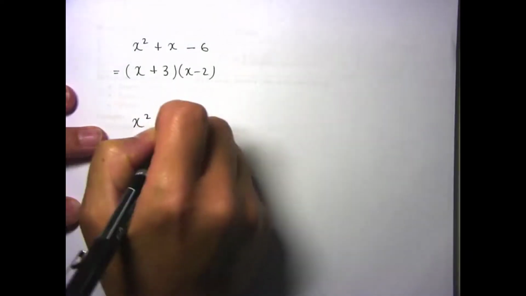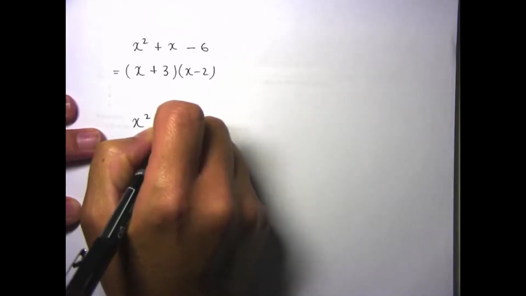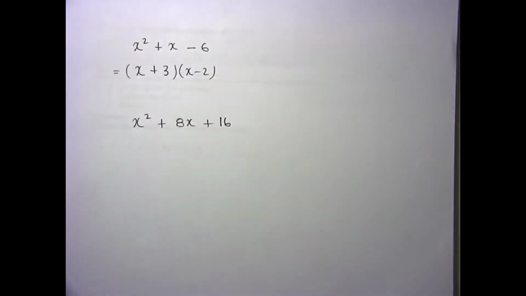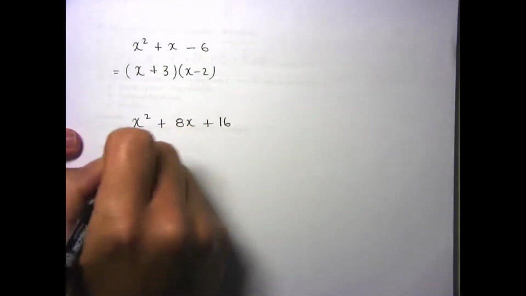How about x squared plus 8x plus 16? How does this guy factor? So what is it that we ask ourselves when we factor a polynomial like this? It's going to be x plus 4 squared, right? Before we arrive at that, let's put in this extra step.